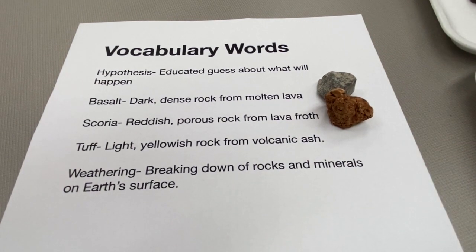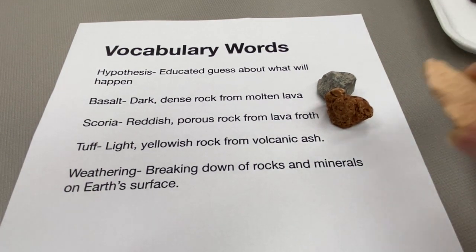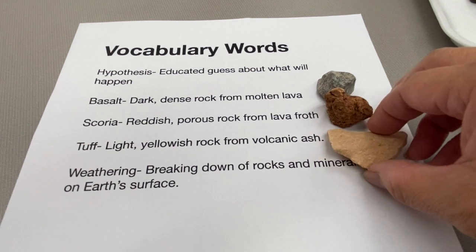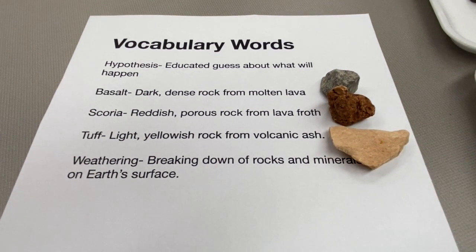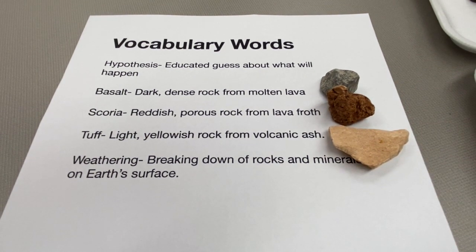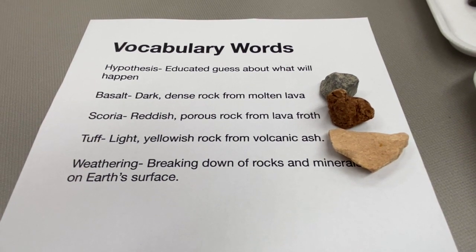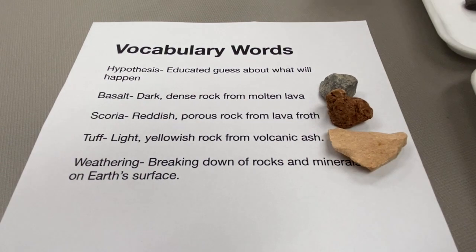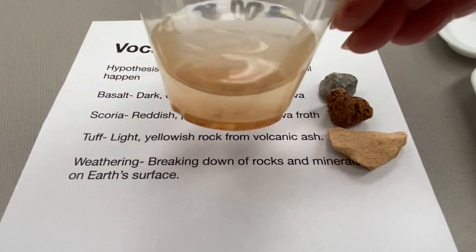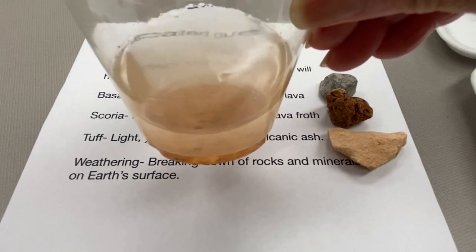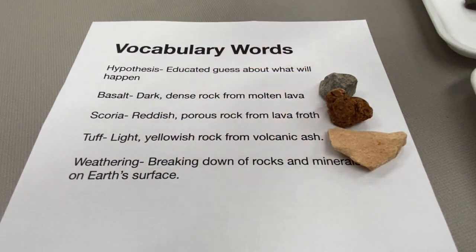And tuff is the light, yellowish rock from volcanic ash. And weathering is a breakdown of rocks and minerals on Earth's surface. And water washing off pieces of rock is a form of physical weathering.